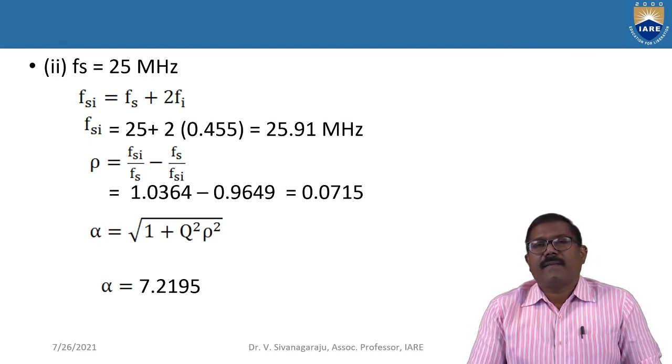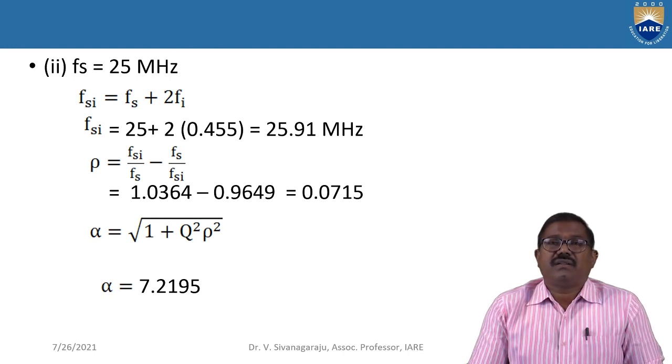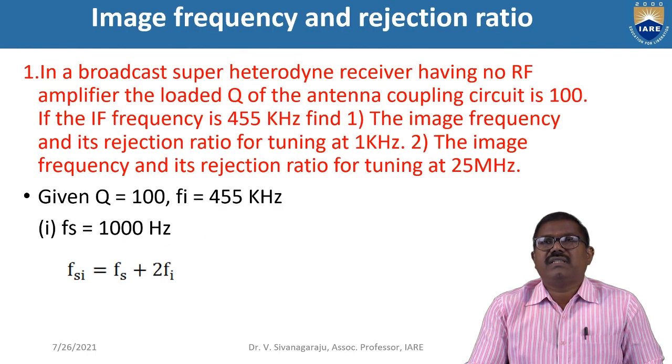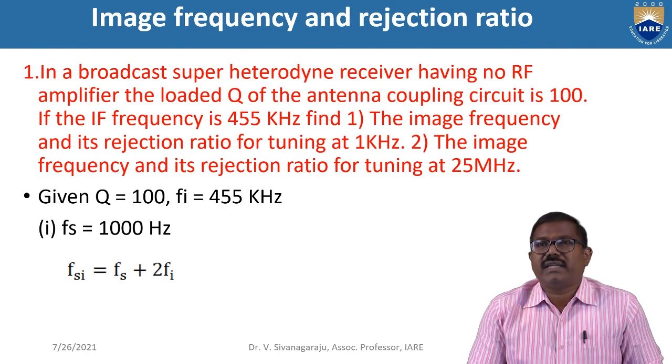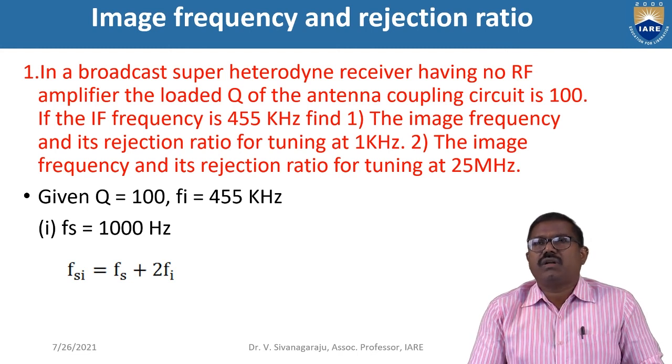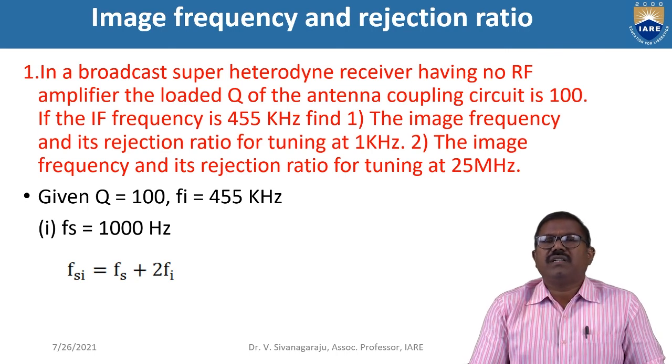So this is the image frequency rejection ratio of that particular receiver at that particular band. Here the tuning frequency is 25 megahertz, so at that 25 megahertz the rejection ratio is about 7, whereas for the previous one, at 1 kilohertz, we got the other rejection ratio.